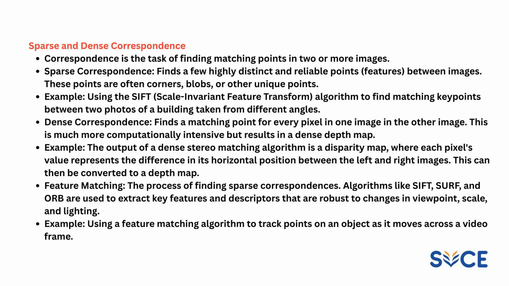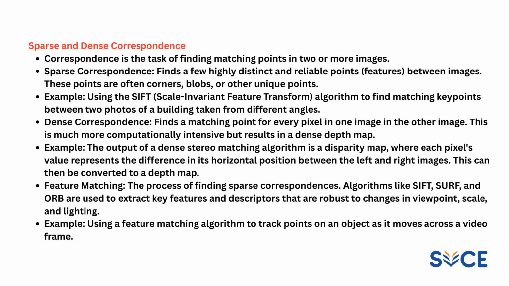One famous method is SIFT, which you all have heard about: Scale Invariant Feature Transform. It finds these key points and describes them in a way that is robust to changes in scale, rotation, and lighting.